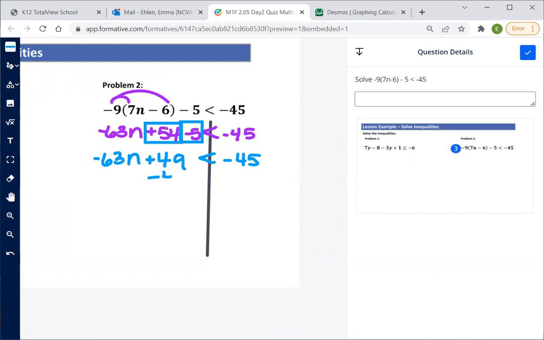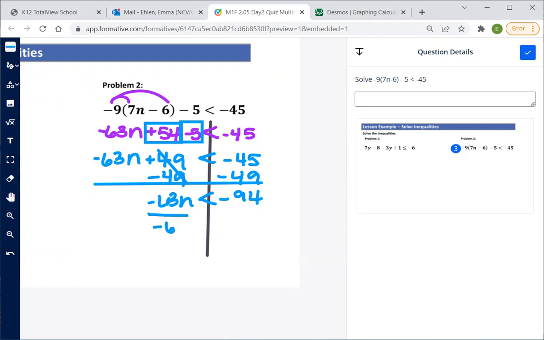We want to subtract that 49 because we need to get rid of the constant. So we can cancel those out, and that gives us -63n is less than -94.